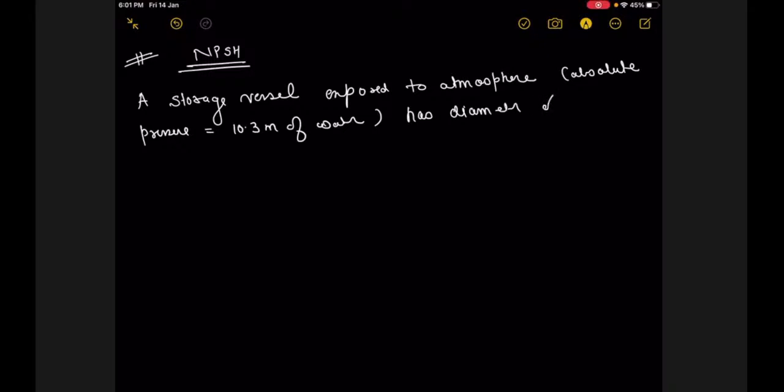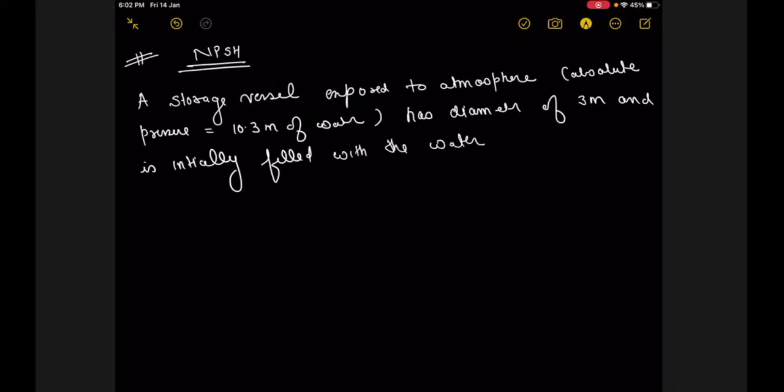The vessel has a diameter of 3 meter and is initially filled with water to a height of 2 meter.